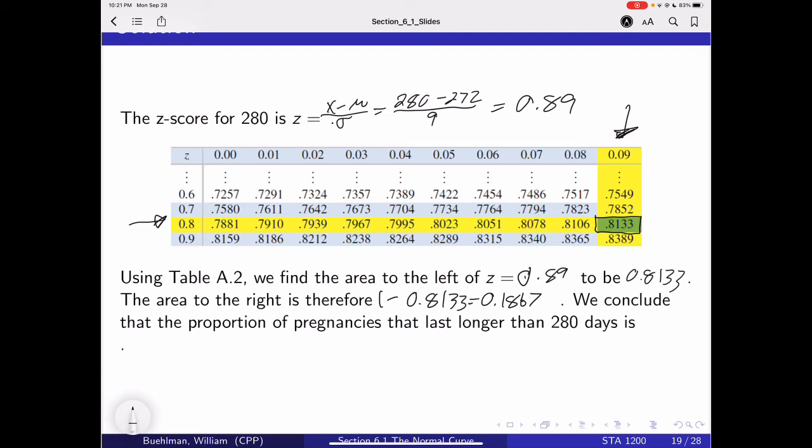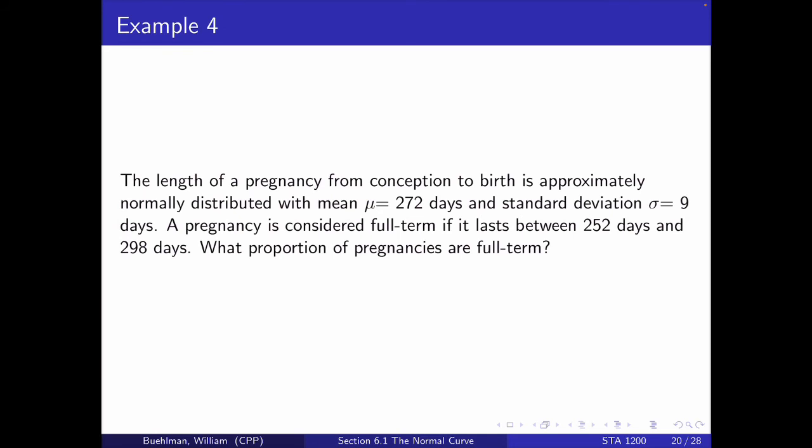Thus, we conclude that the proportion of pregnancies that last longer than 280 days is 0.1867, or equivalently 18.67%.